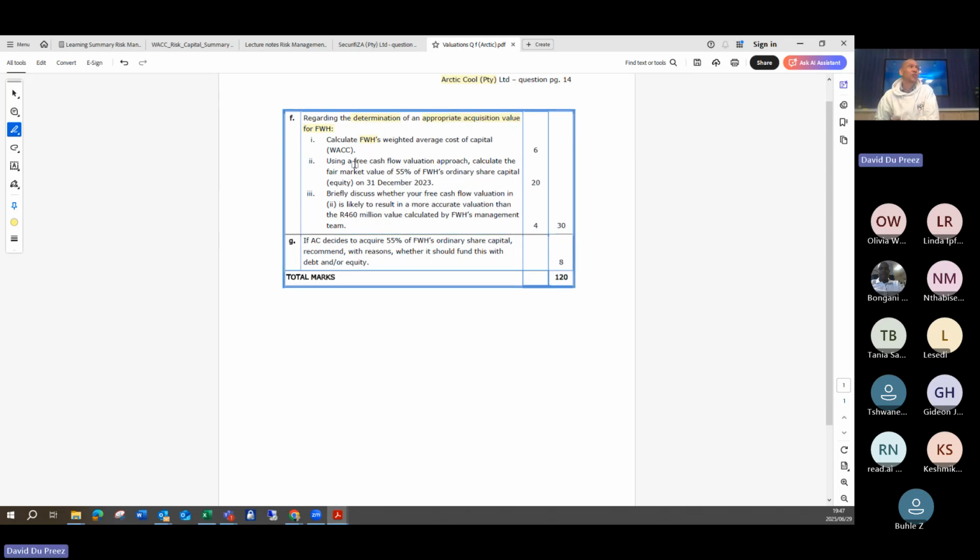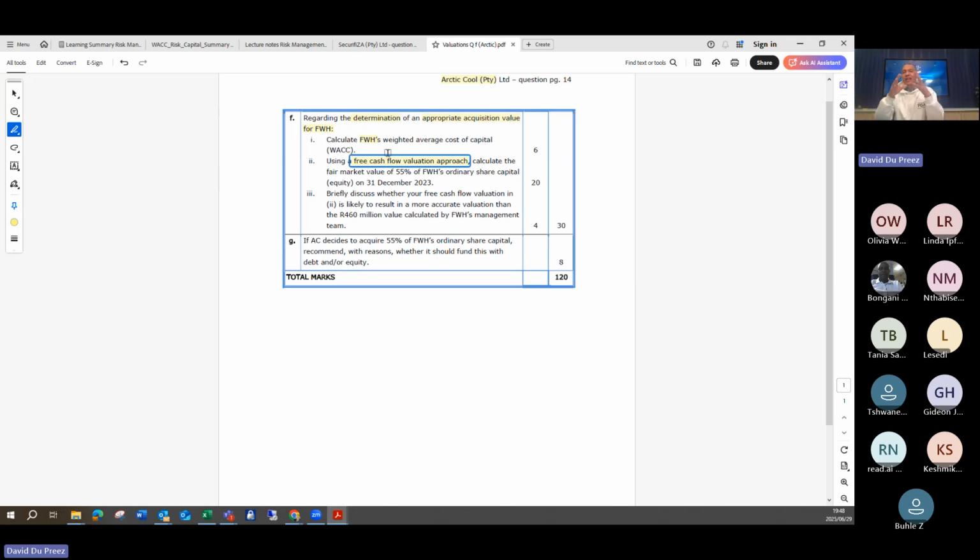Now they say using a free cash flow valuation approach. Guys, there is no difference. No, let me not say no difference. This cash flow here is essentially exactly what we would have done with a net present value calculation, save for one or two techniques relevant to a free cash flow valuation.